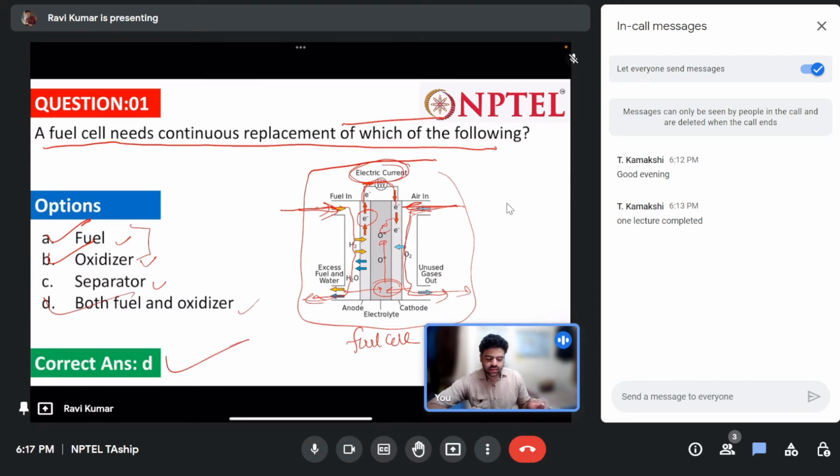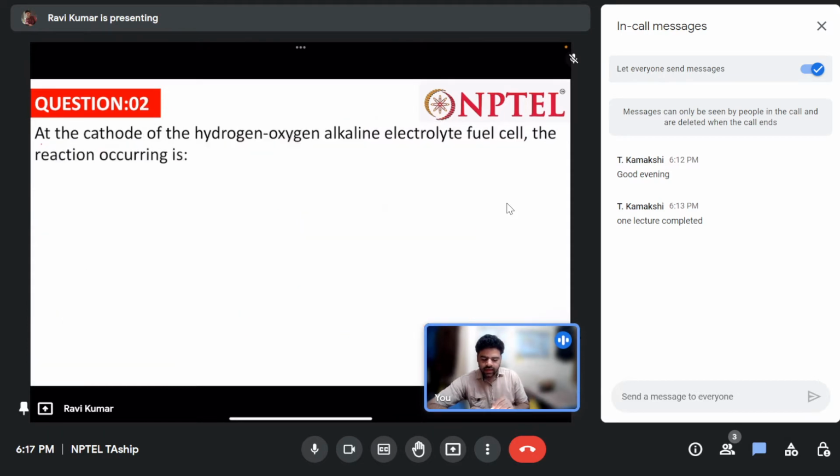Let's move to the next question, which says at the cathode of hydrogen oxygen alkaline electrolyte fuel cell, the reaction occurring is. So you just need to tell me the reaction at the cathode of an alkaline electrolyte based fuel cell.